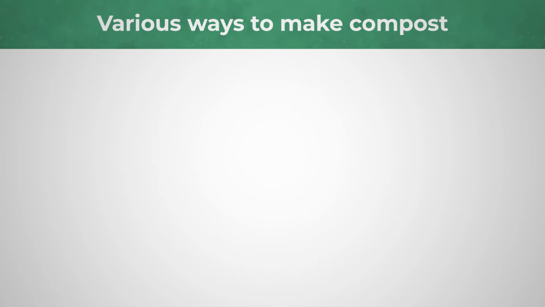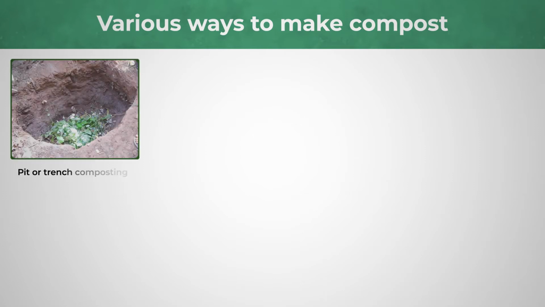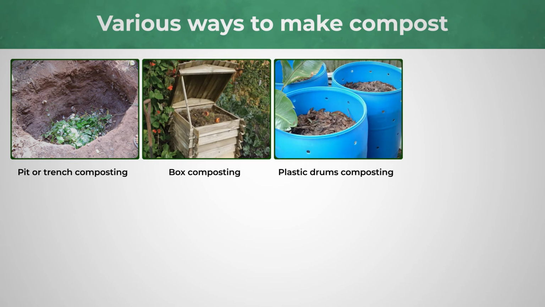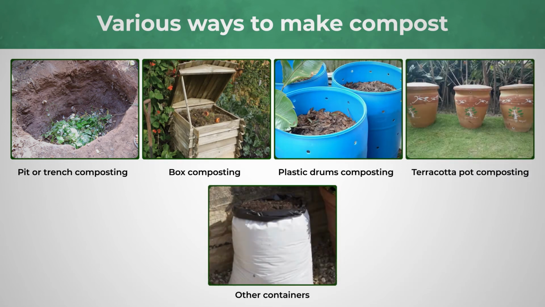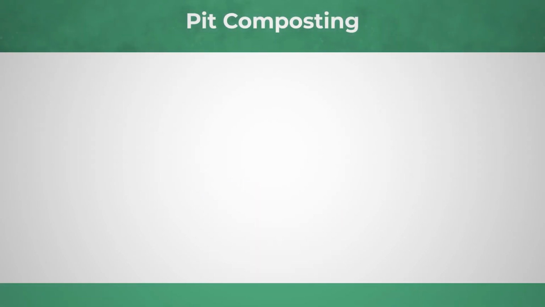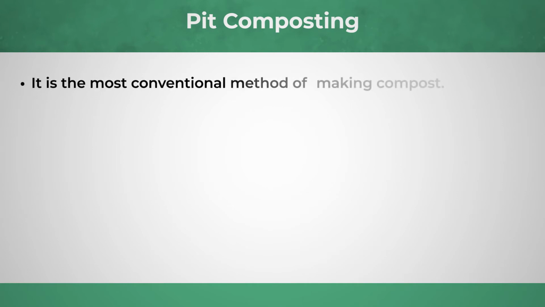Making compost is an easy process. There are many ways to make compost. Composting can be done in the kitchen backyard or in pits or trenches, wooden boxes, plastic drums, terracotta pots, or any other containers. Among them, pit composting, also known as backyard composting, is the most conventional method of making compost.